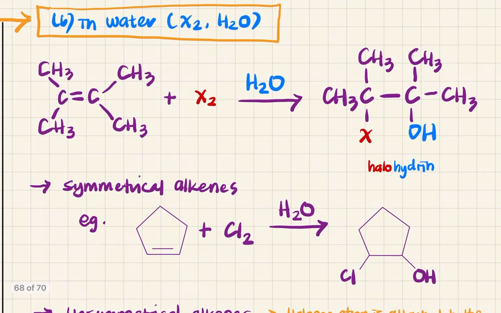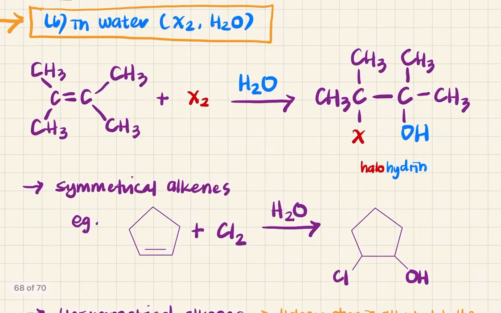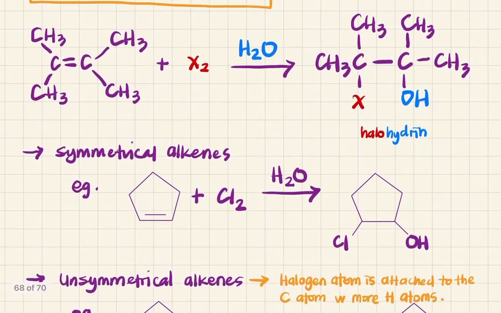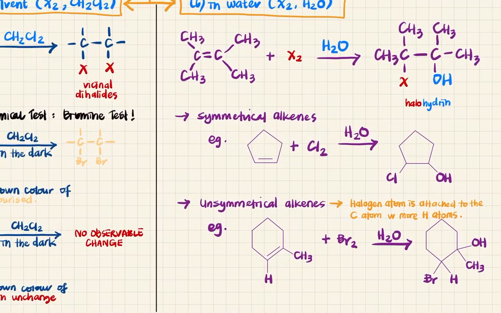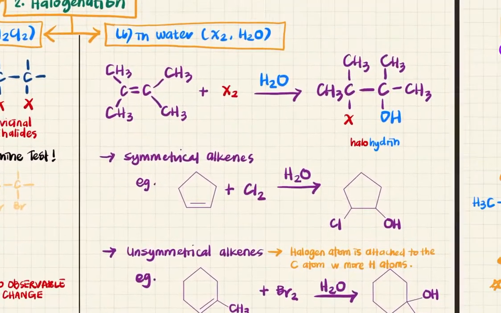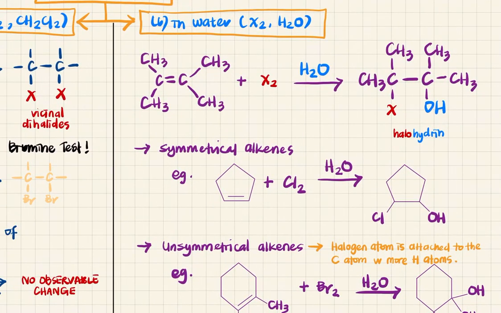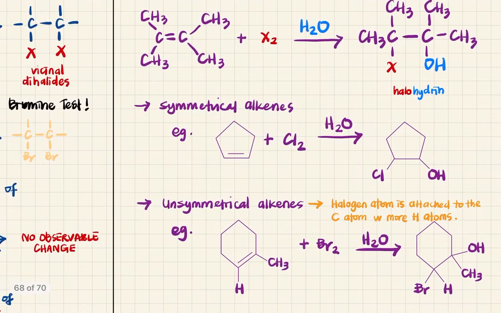Halogenation in water, you will get halohydrin, as I said just now. There are two situations. Let's say you have a symmetrical alkene.